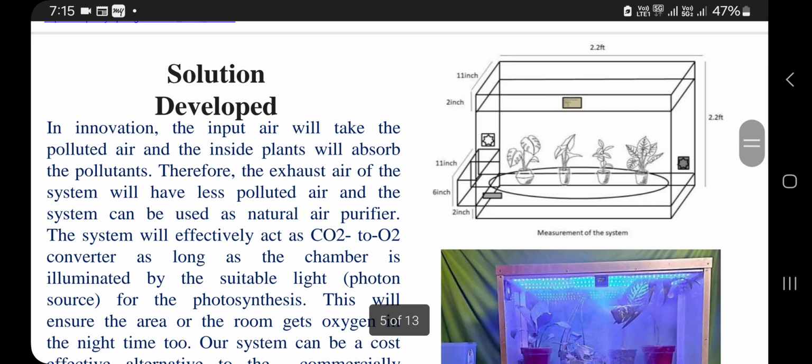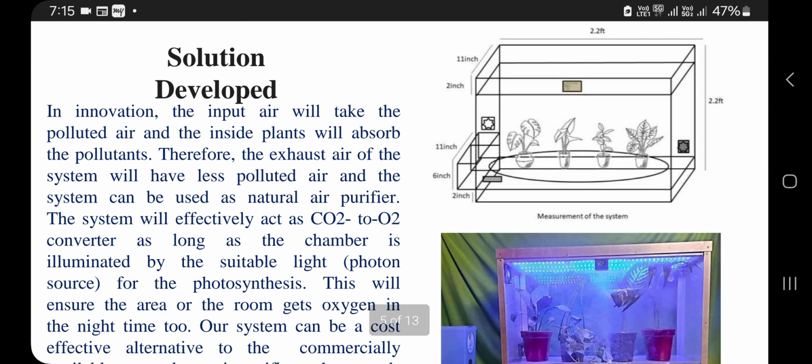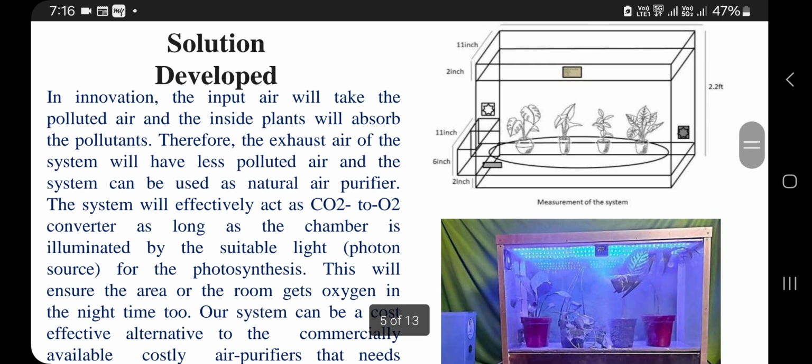Now, for the problem we have made a solution. We are proposing a box that will contain plants. These plants will be capable of converting the carbon dioxide to O2 inside the chamber, and the toxic chemicals and gases will be converted by these plants, and the data of how much toxicity they have converted and the condition of the inside system like humidity, temperature, and light intensity will be displayed and auto controlled.